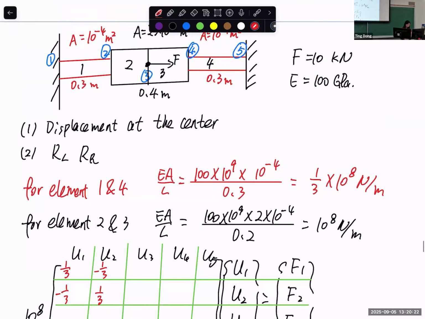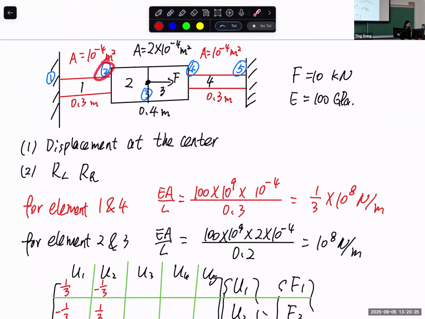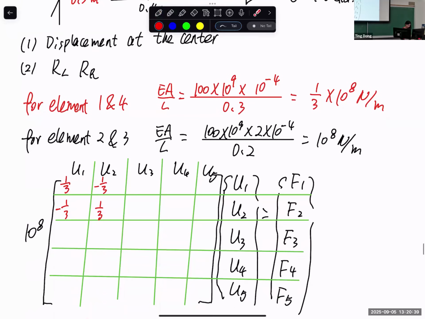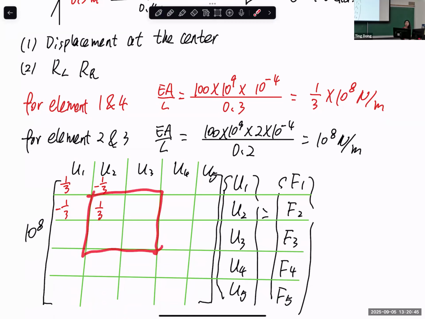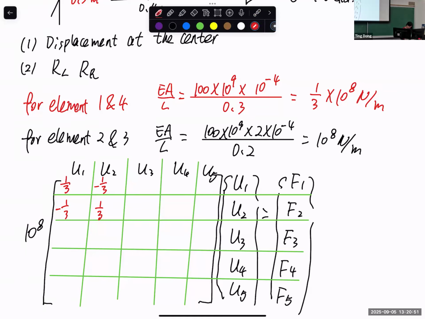For element 2, it is connected to node 2 and node 3, so the location in this matrix should be these 2, right? Now we can write, using a different color, +1, -1, -1, +1.